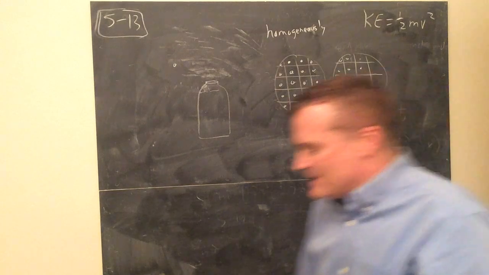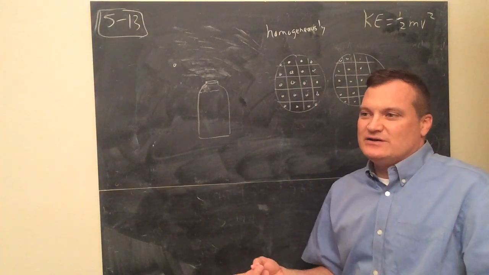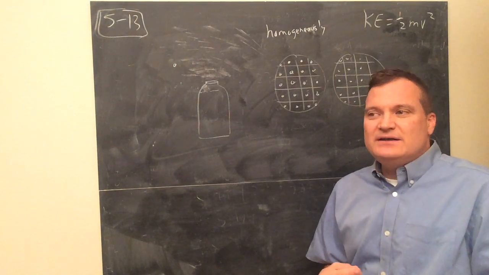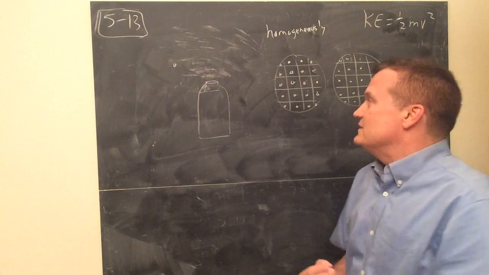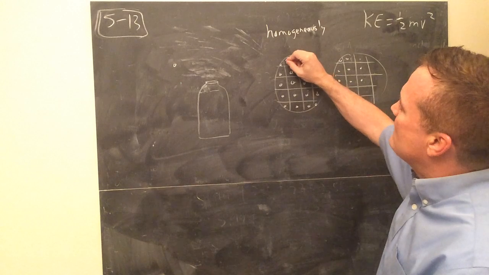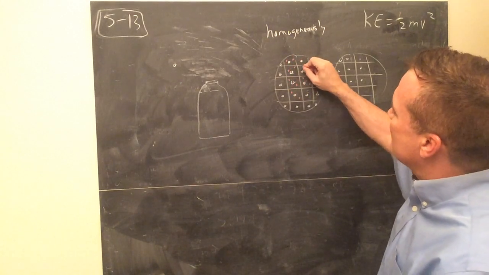Now, with one gas that might be true, but say that in the room you have oxygen and nitrogen, and you have carbon dioxide. Well, the most abundant gas is actually nitrogen. So if this were oxygen, the red would be nitrogen, and nitrogen gas molecules would be a lot more frequent.